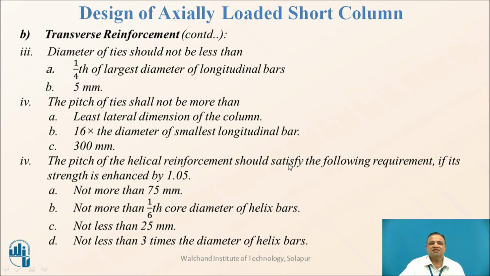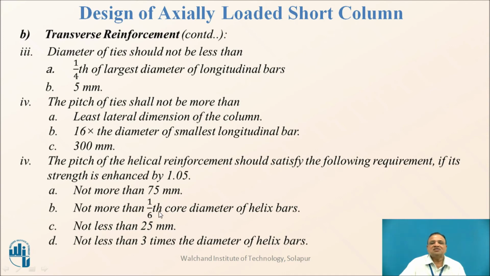Pitch means the distance between the two adjacent windings of the helical ties. Helical ties are continuous from top to bottom, just wound around the main reinforcement. The pitch should not be more than 75 mm.